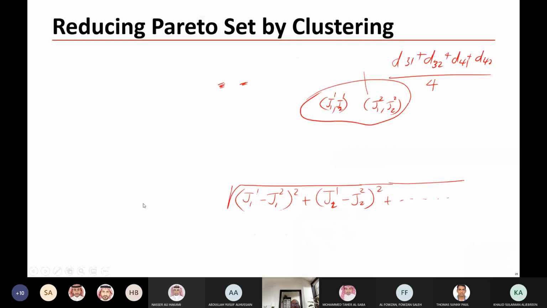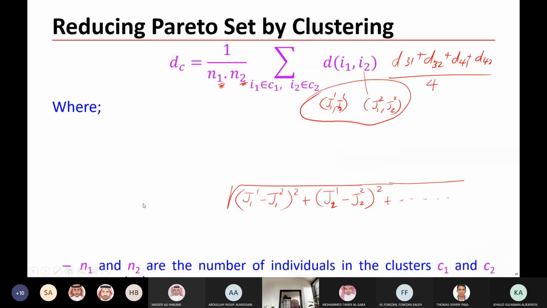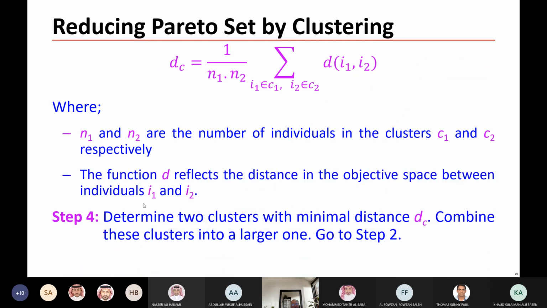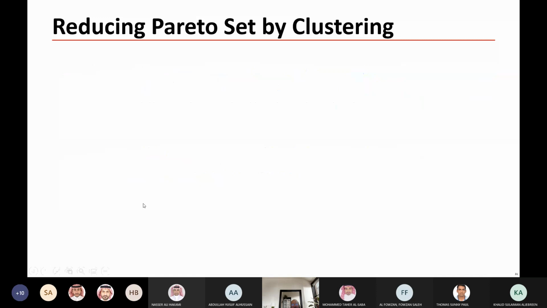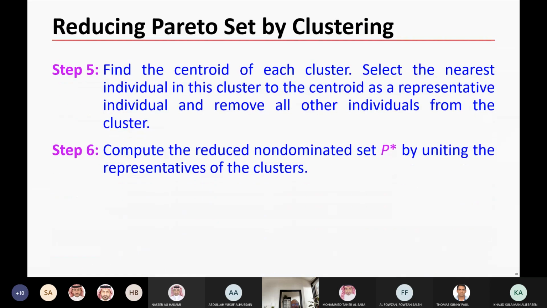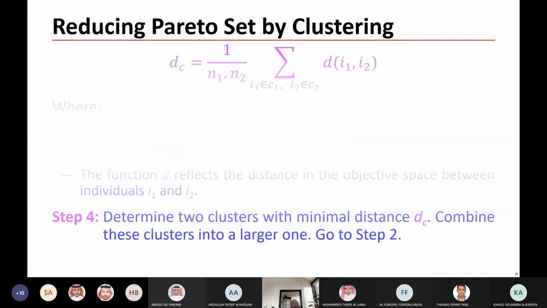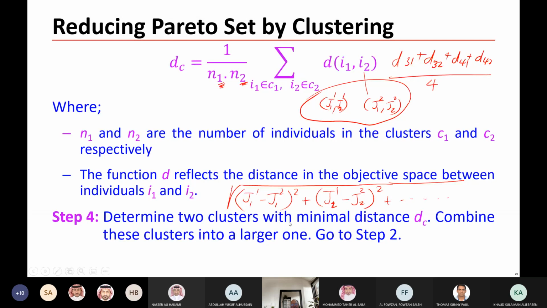Each time you reduce by one cluster. And as mentioned here in step 4, determine the two clusters with minimum distance, so you combine them together. So we have the number of clusters now reduced by 1. And then go to step 2.